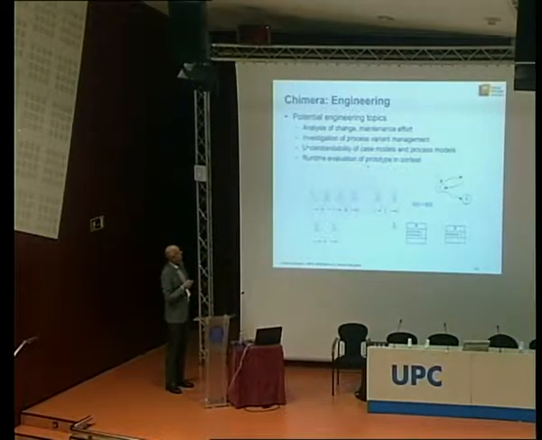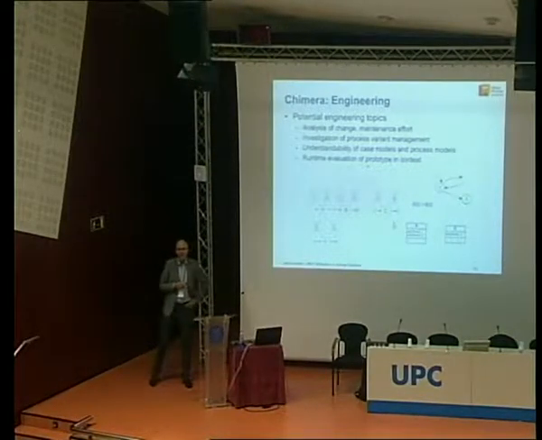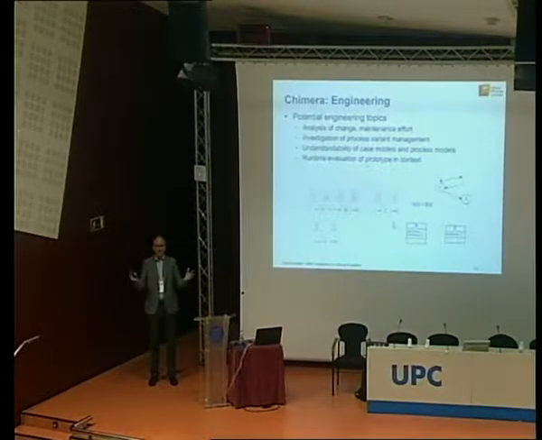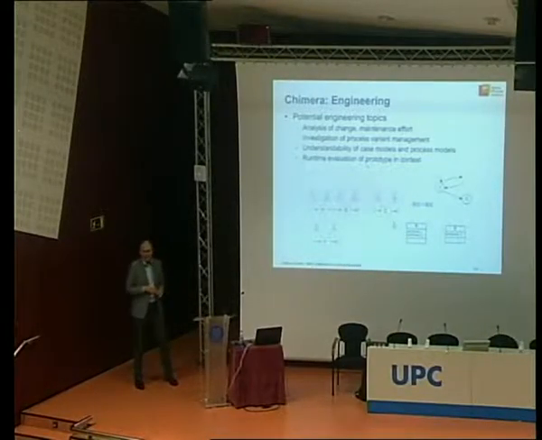We could also investigate the understandability of case models and process models. The nice thing about case models is you see the whole process instance in one model, and you can do monitoring and things like this. If you have the fragments, it might be scattered. The state might be scattered around different fragments. So there are understandability issues, and there are people in this room working on understandability of process models.